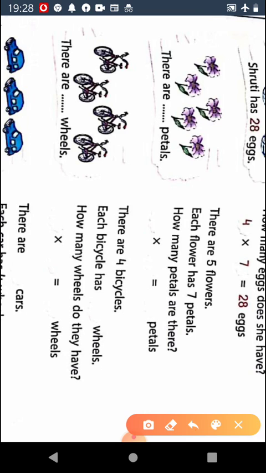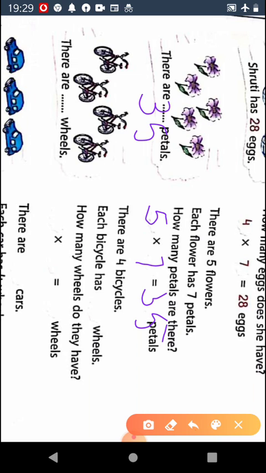That means 5 flowers of 7 petals each. 5 flowers into 7 petals is equal to 5 sevens are 35. So that means there are 35 petals. So instead of adding 7 plus 7 plus 7 plus 7 plus 7, we simply multiply 5 flowers and each flower has 7 petals. So 5 multiplied by 7 is equal to 35.